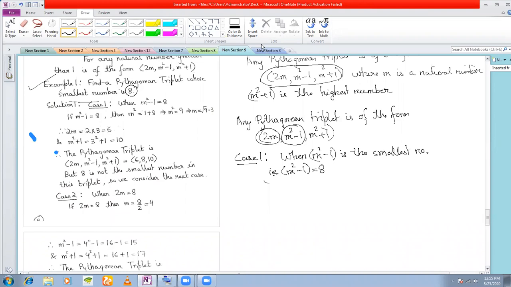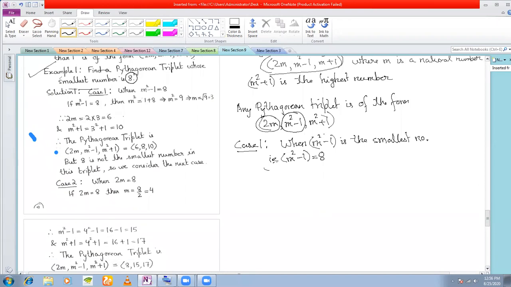Either this case, or when 2m is equal to 8. We'll consider that case later. But let us consider, suppose m square minus 1 is the smallest number. Therefore, m square minus 1 must be equal to 8 because that Pythagorean triplet contains 8 as the smallest number.